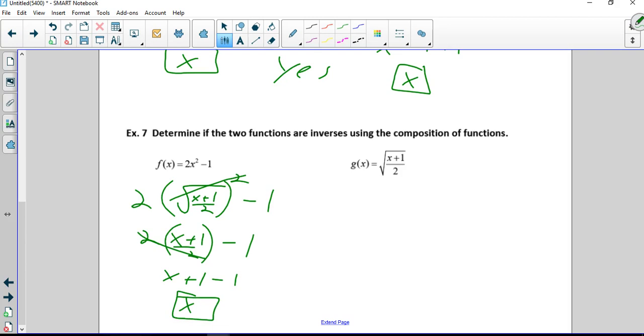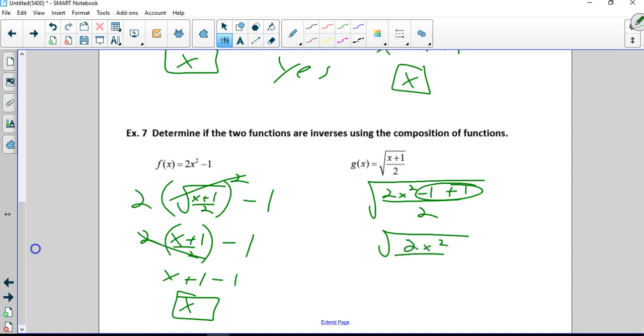Looks good so far. And then I'm going to do the square root of 2x squared minus 1 plus 1, all over 2. Well, those cancel. So I have 2x squared over 2. 2's cancel. I have the square root of x squared, which is x. The answer is yes.